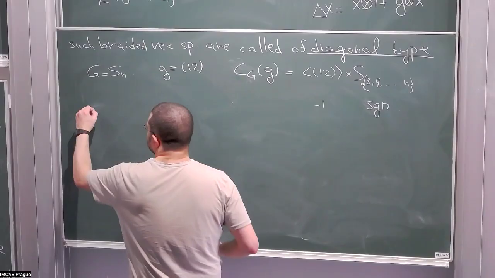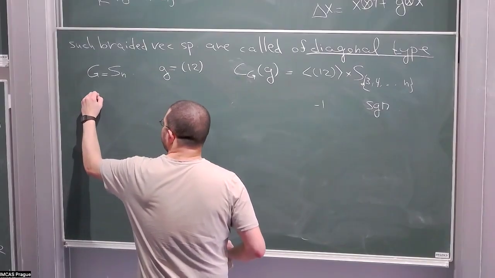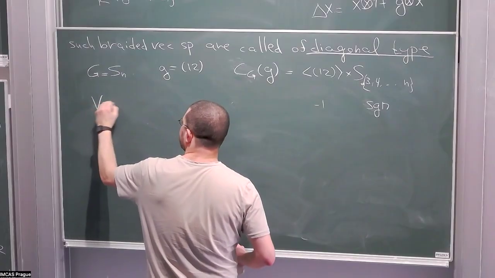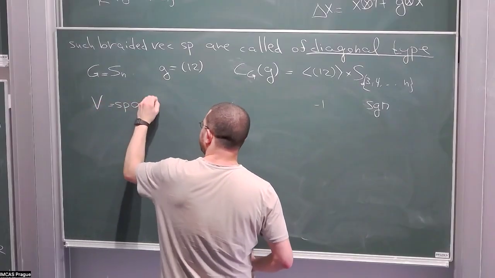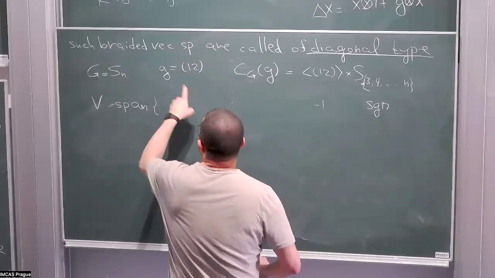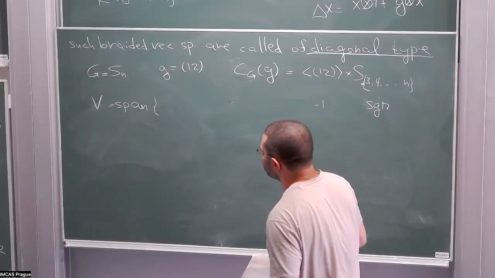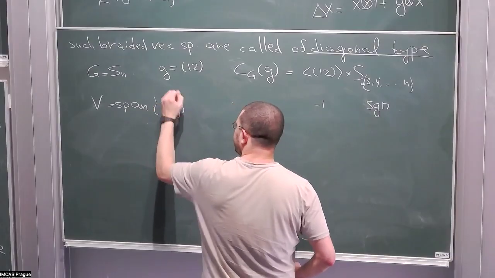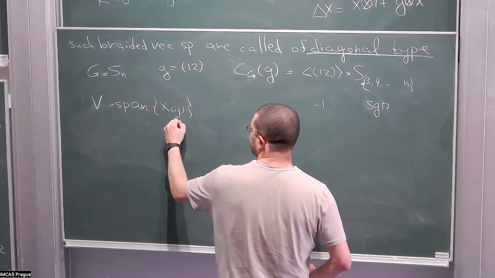Let's think about it. We will get a braided vector space V, which has a basis parameterized by all transpositions, so the span of x_ij. So I take the sum over all transpositions.